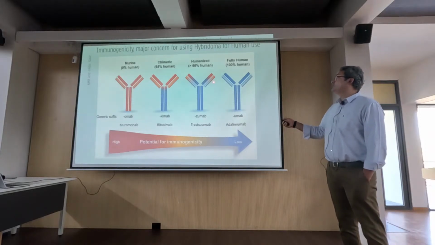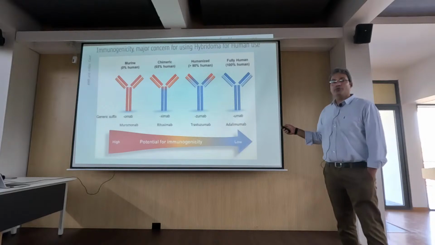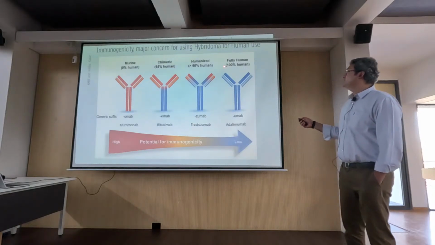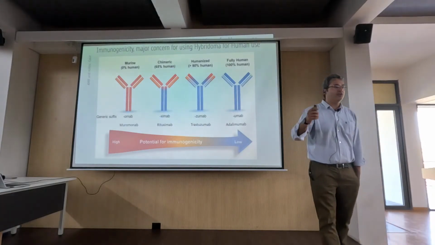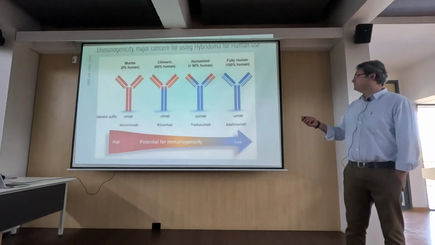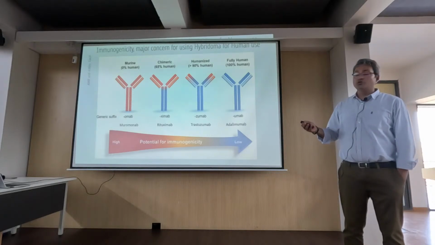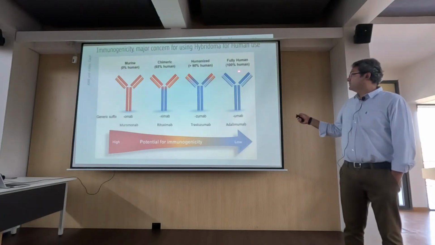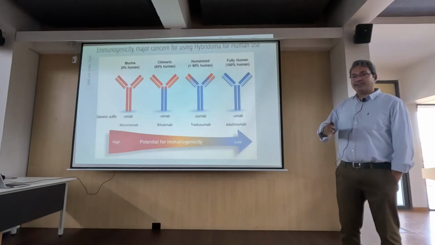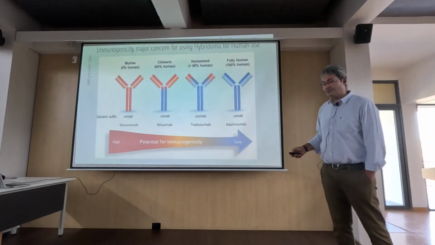Then they went to humanized, wherein they kept just the CDR portions of murine and everything else, 90% of the antibody, was human. And then finally the latest version is fully human antibodies, wherein they have completely replaced those genes in transgenic mice or similar, and modified them using genetic engineering tools, so that even if it is a transgenic mouse or cell lines isolated from it, they can produce a complete human sequence.